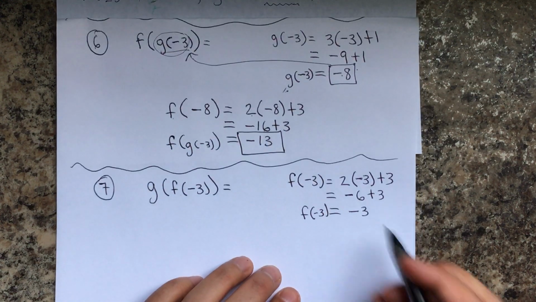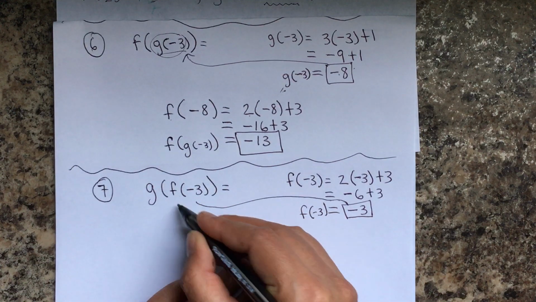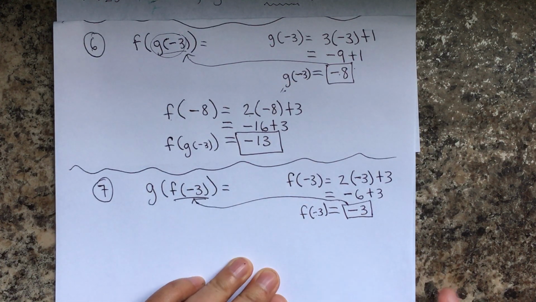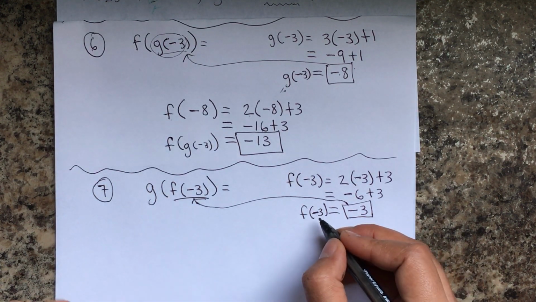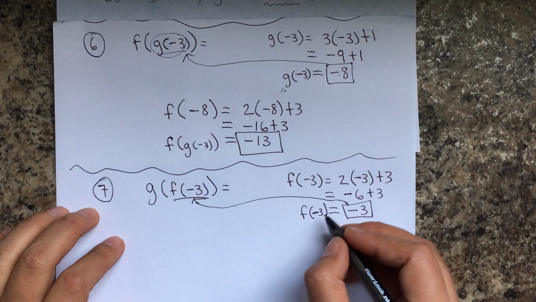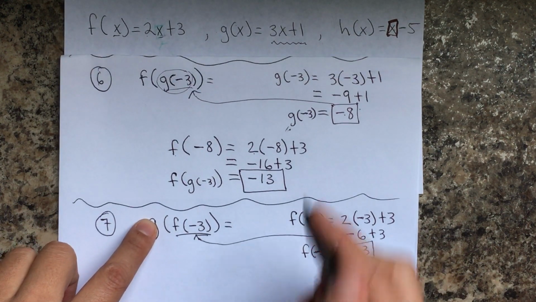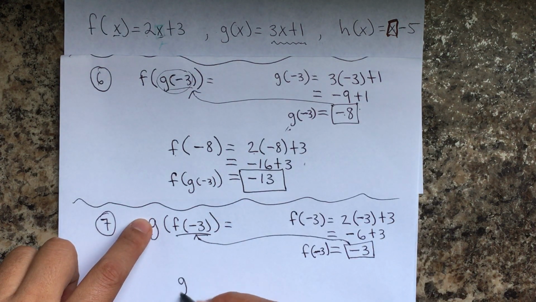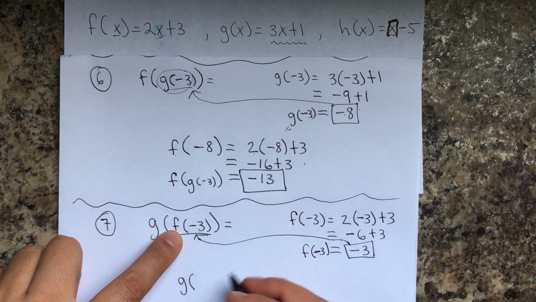For the second part, this is going to replace this whole thing because f of -3 is equal to that. Oh, and it just happened to be the same value. Not always, okay? This is just coincidence. Now I'm going to get the function of g. So if you look up there, g of x is 3x plus 1. But now it's going to be g of, what is the value of f of -3?